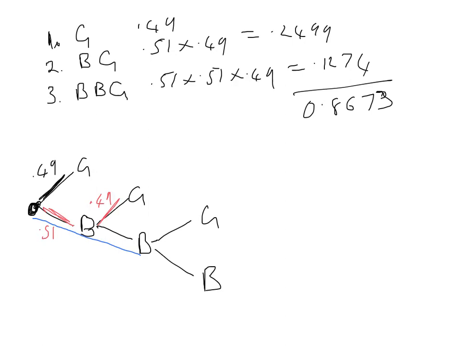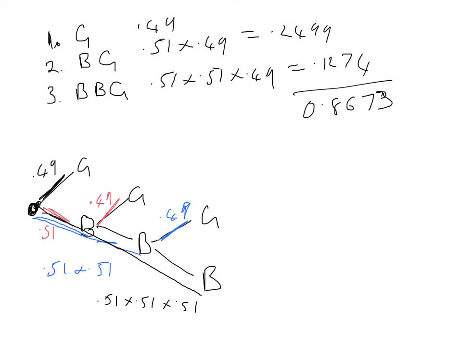For tracking down here, it's going to be 0.51 times 0.51 times 0.49. Yep, that's okay. That's good. And what about if we track all the way down here? Well, that's going to be 0.51 times 0.51 times 0.51. Ooh, it's a beautiful thing.